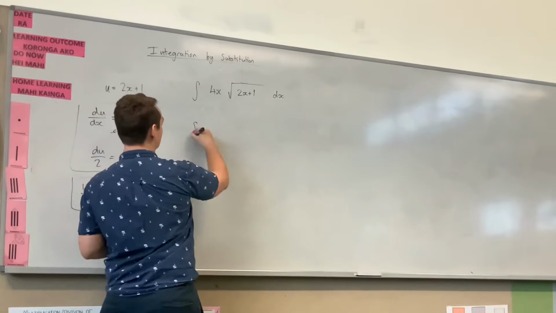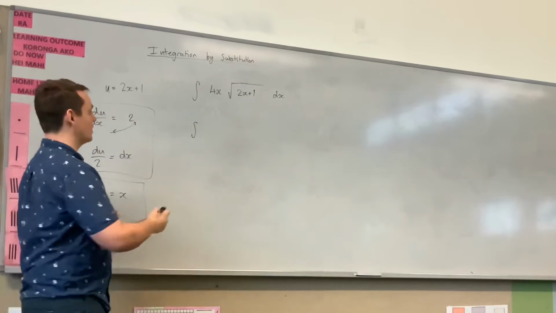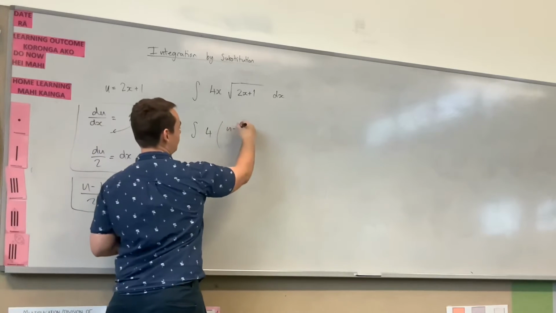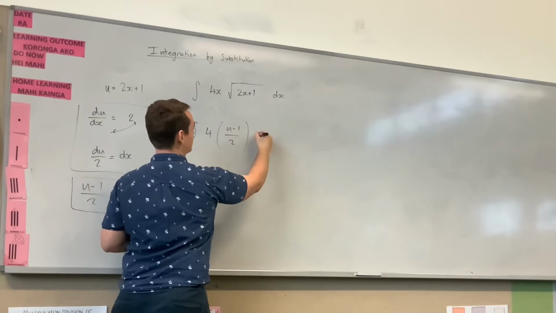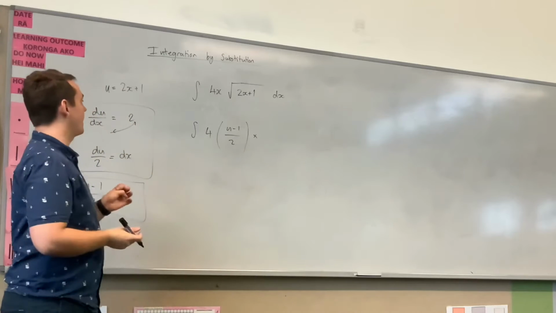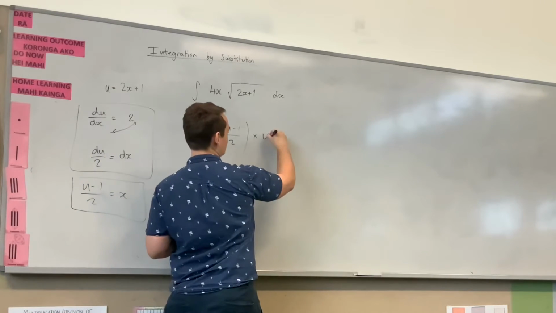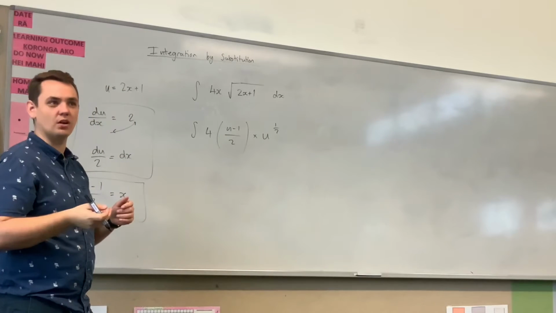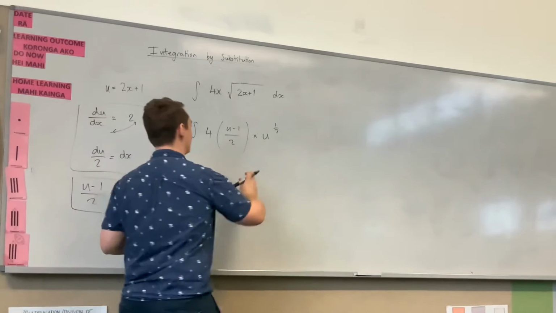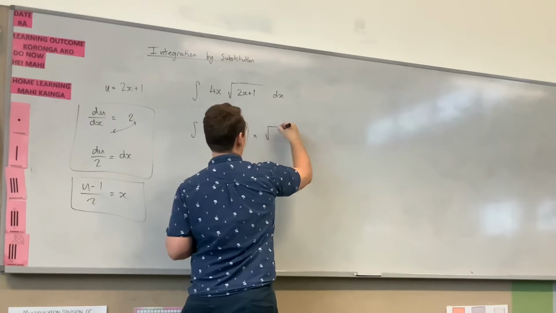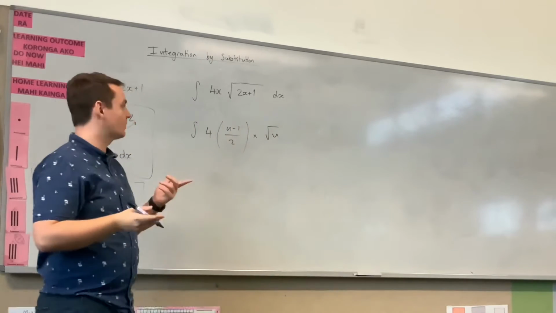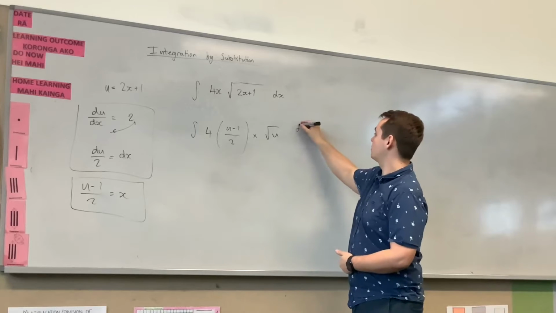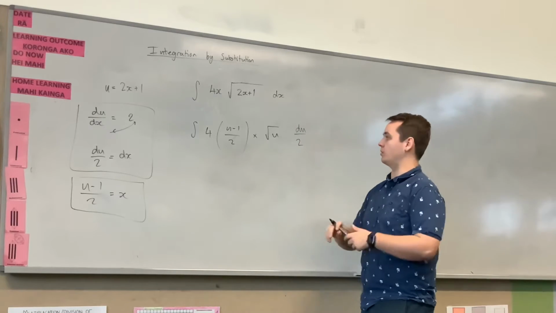So when we integrate this, we're going to integrate 4 times (u minus 1) over 2, times root u, which we can express as u to the power half. I'll write root u first for anyone taking notes. Then dx, which is now du over 2.